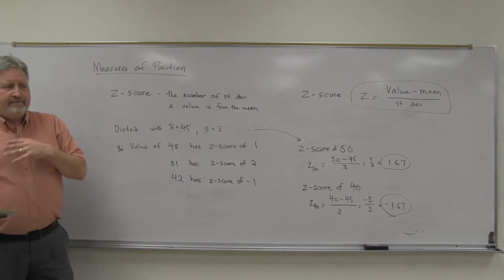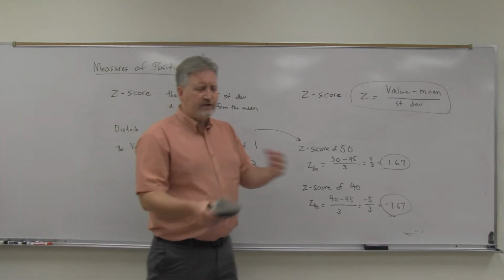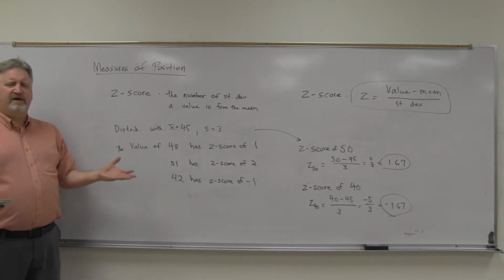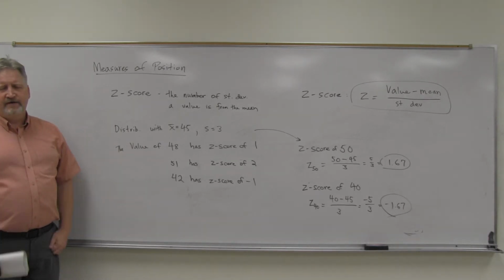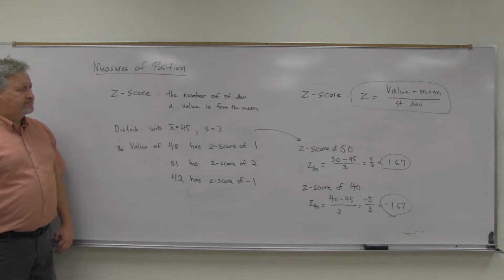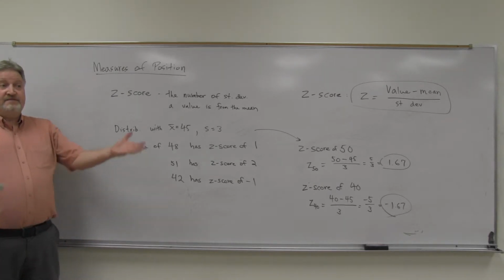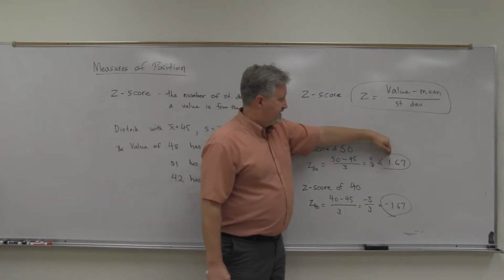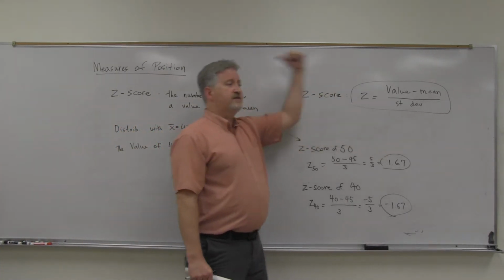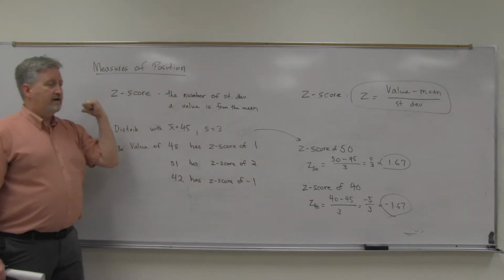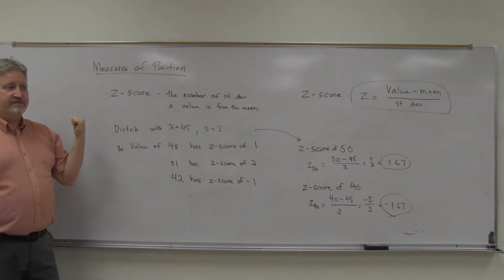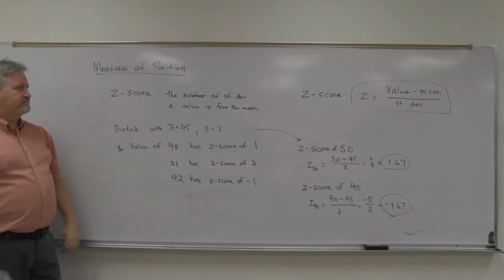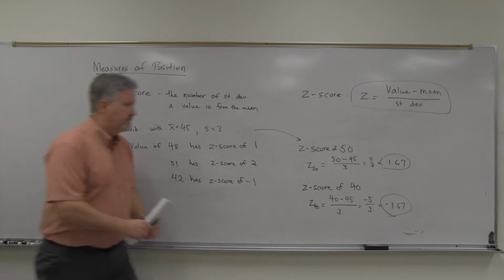If we have a score from 2 different distributions, and we want to say, well, which one's better relative to the other values in the distribution, this z-score gives us a way to do that because it standardizes. 1.67 standard deviations in this distribution is similar to another distribution if you have a z-score of 1.67.